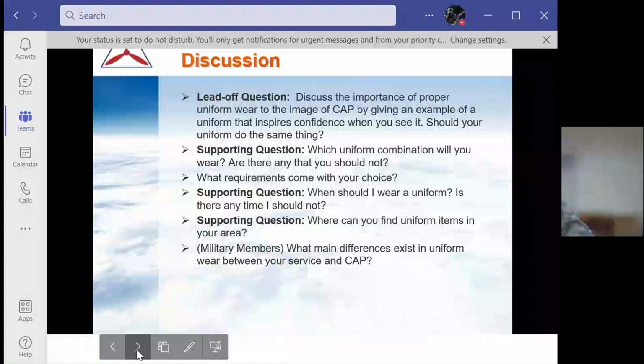Nice. So there is a corporate style and a USAF style. The airman battle uniform is under the utility uniforms. BDUs were discontinued for CAP in 2021. Wow, that's pretty recent.